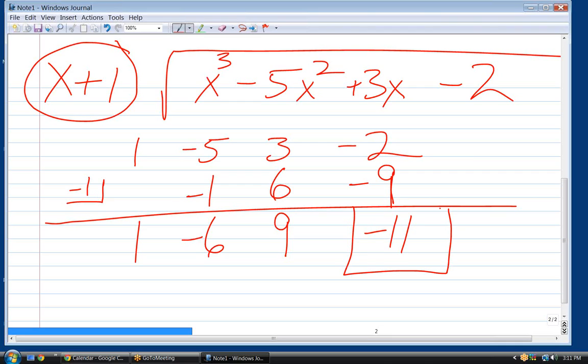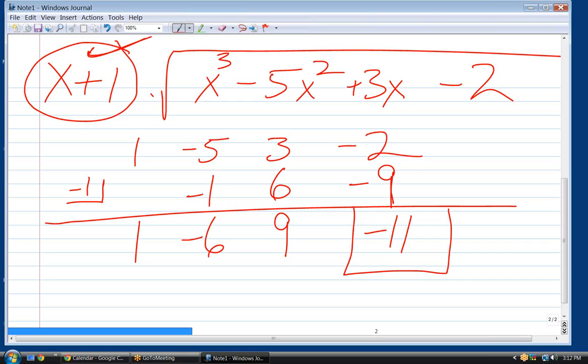Now, there's something called the zero remainder theorem. If x plus 1 was a factor of that cubic, this remainder would have to be 0. If that remainder is anything other than 0, then this is not a factor of that cubic.